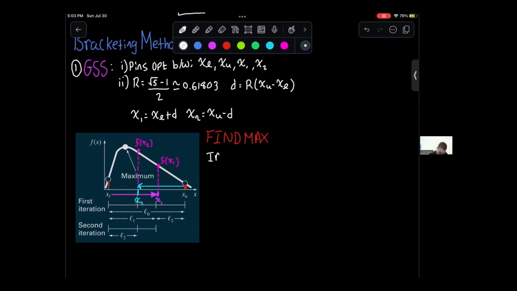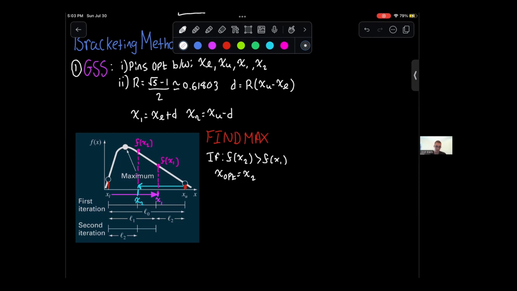If f of x2 is greater than f of x1, here is what happens. We're going to call x optimum to be x2. This is because f of x2 is the highest point that we know of right now.